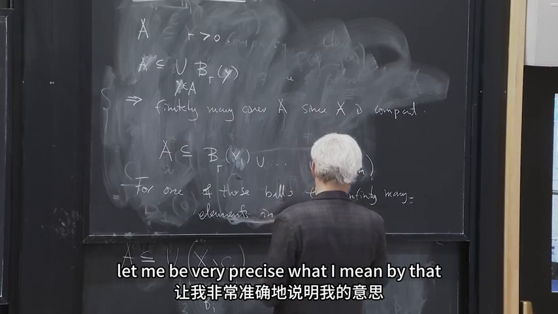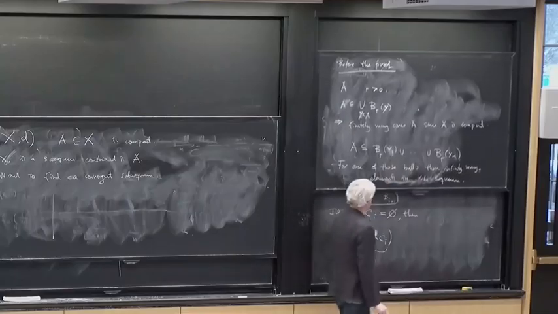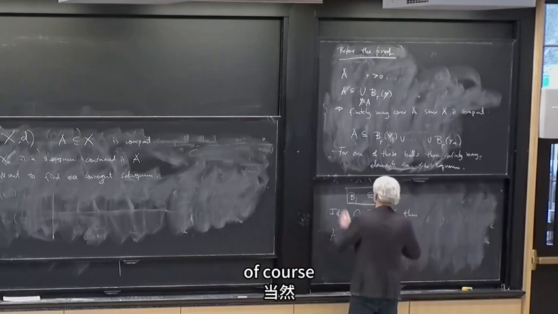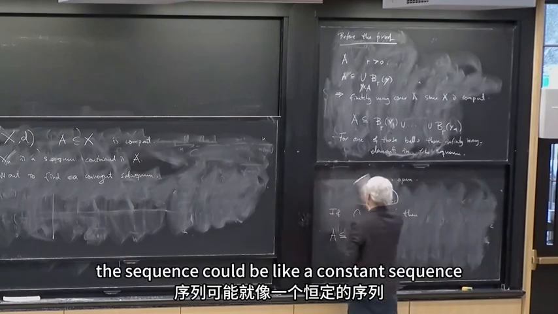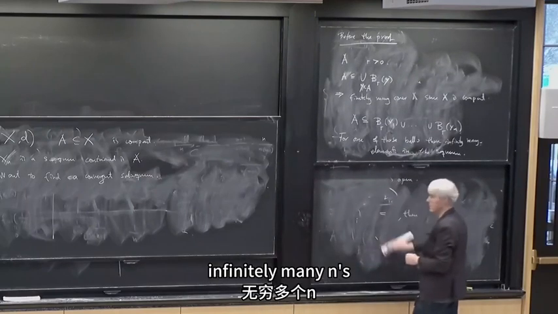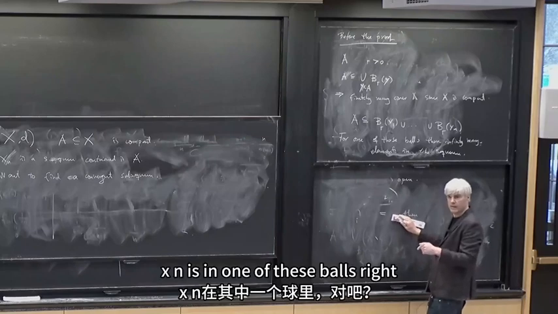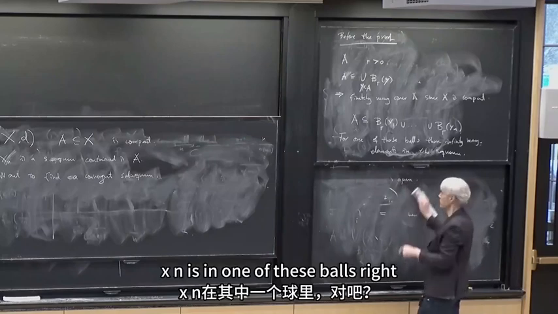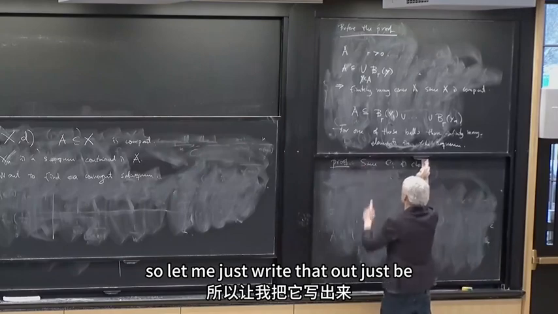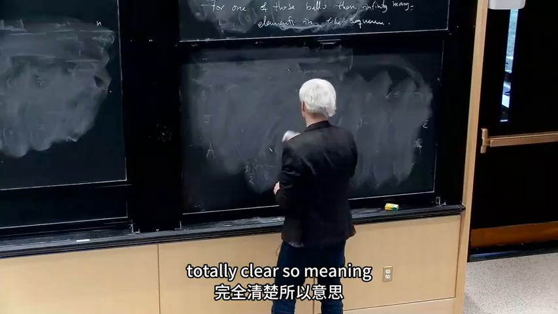Let me be very precise what I mean by that. Of course, the sequence could be a constant sequence. What I mean is that for infinitely many n's, xn is in one of these balls. So let me just write that out, just to be totally clear.